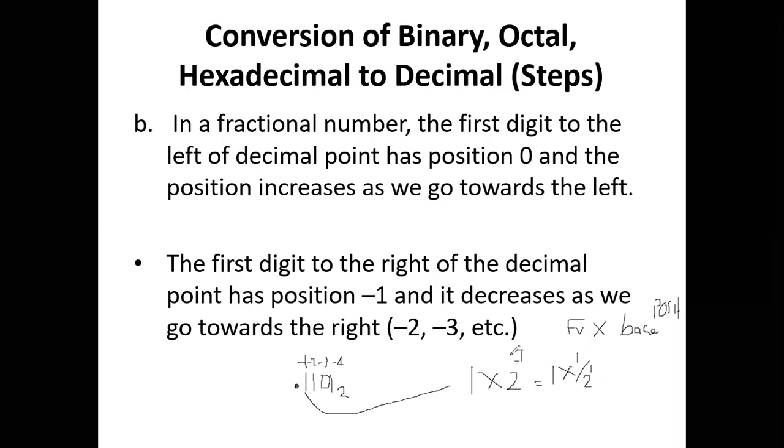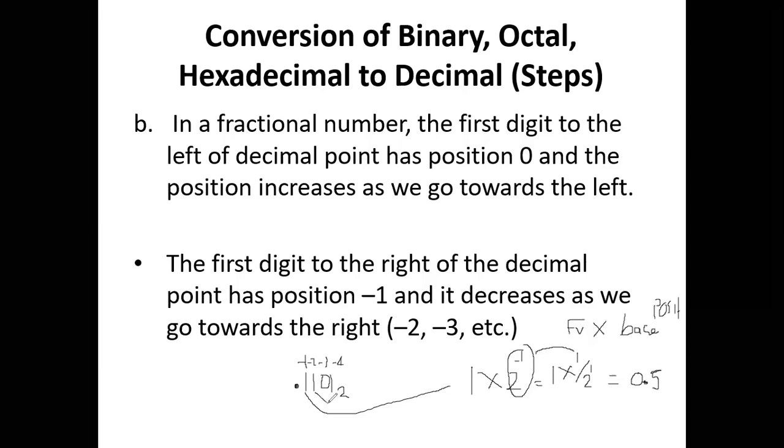So this is the same as 1 over 2 to the power 1, which will be 0.5. 1 divided by 2 is 0.5. So when you calculate this, you end up with 0.5.